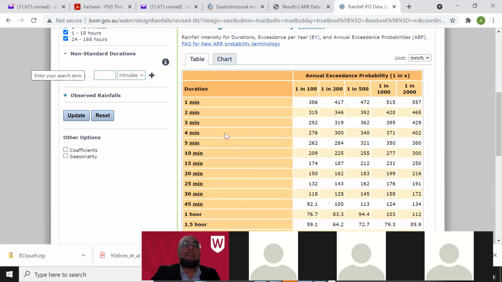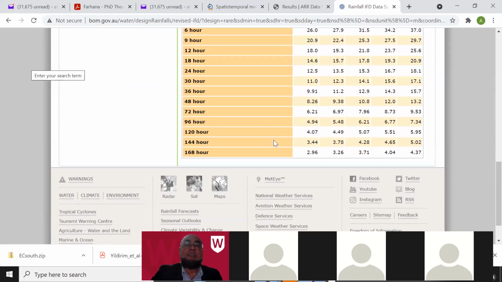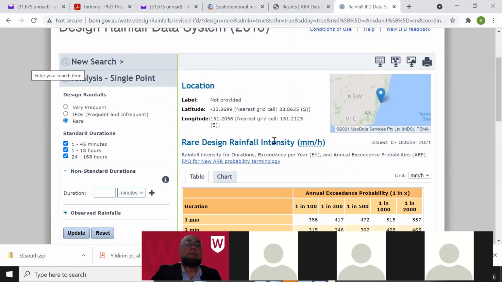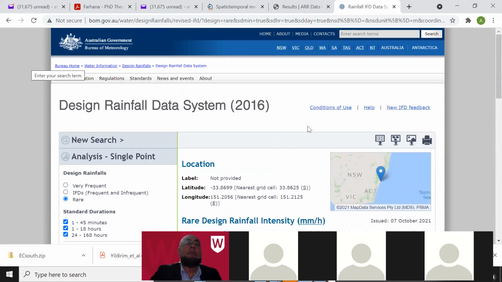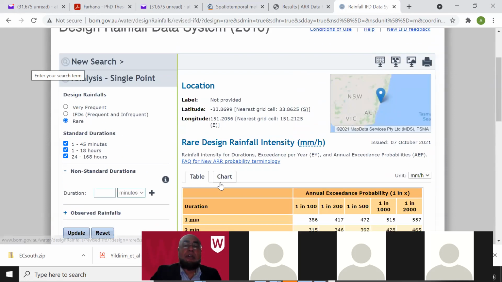So we see for rare, for 1 minute duration, for 100-year return period, the intensity is 386 millimeter per hour rainfall. And for 2000 return period it is 557 millimeter per hour, for different durations. So that is basically our IFD.